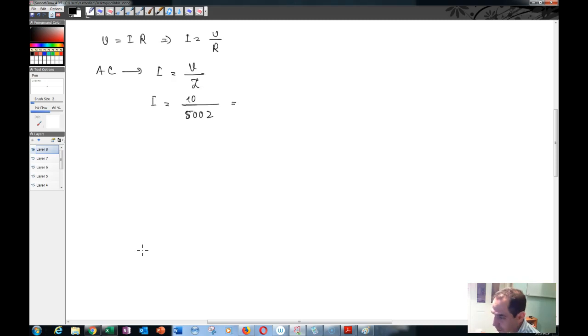The answer key in this book apparently has some problems in this part, so it gives the current as 2 amps, which is not correct. The correct current is actually 2 milliamps. So this was one example. We have a couple more examples here. We will get to them in the next videos. Thank you.